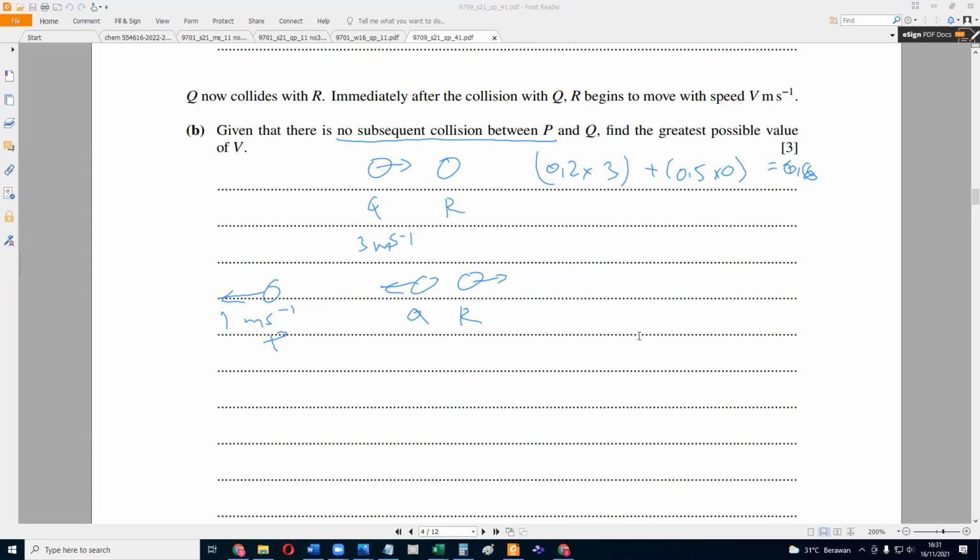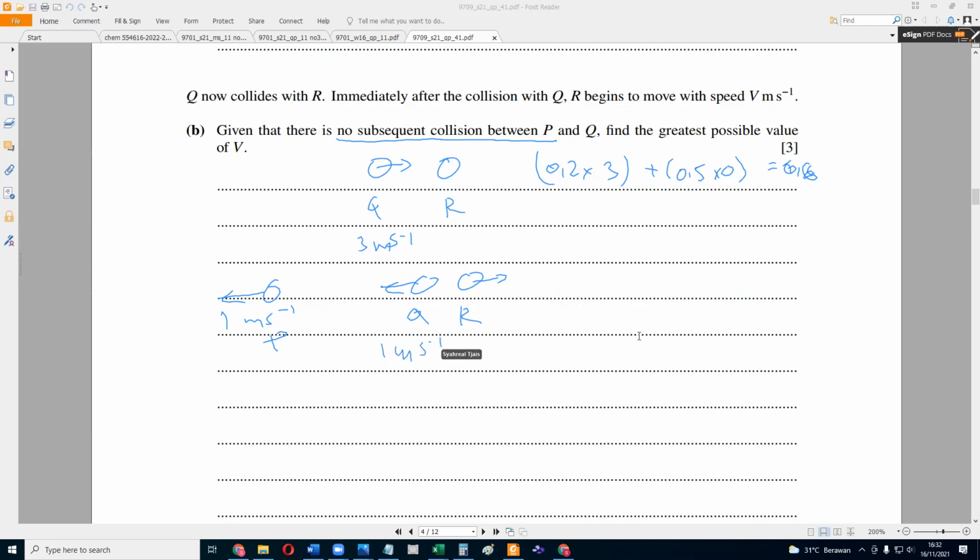More than that, eventually Q is going to hit P. Q may not be faster than that, because if Q is faster, eventually it will catch P, right? So the velocity of Q, we're going to set to the same 1 meter per second.